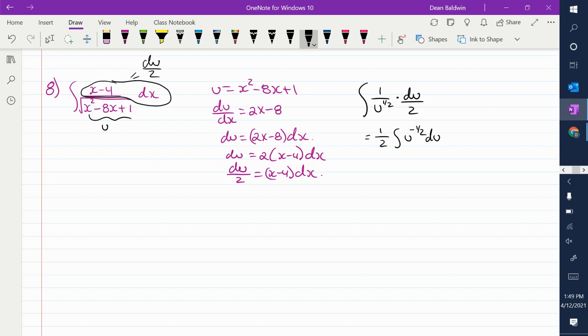Is everybody with me? Where did I lose you, Asmita? Because this is my u, and it's all in the denominator, and it's the square root. Square root is power of a half. Okay. So we're all good? Flipped it over to multiply. All right. Factor out 1/2 from u.